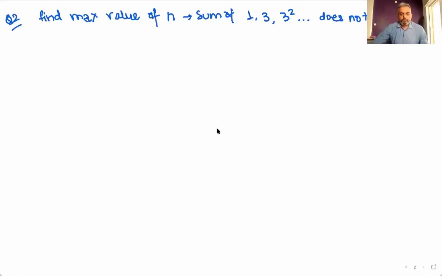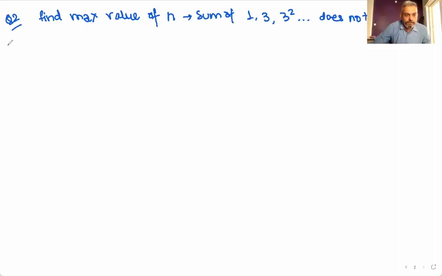Now pay attention, find the maximum value of n when the sum of the GP 1, 3, 3 square does not exceed 365. It means the total sum should not be more than 365. So first let's write what is given and what is known to us.